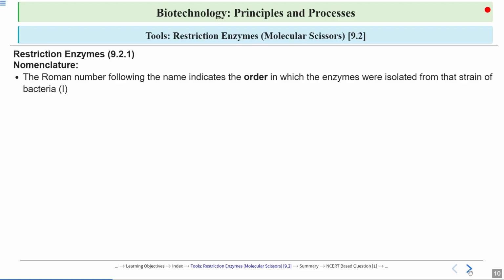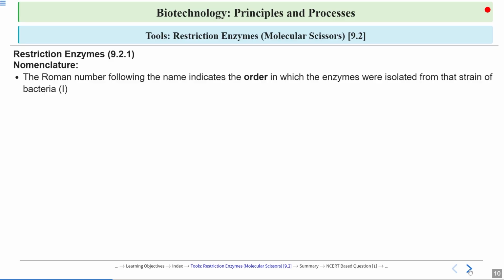Take the example of E. coli only, and the first restriction enzyme which they have taken out from this is the E. coli restriction enzyme, that's why it is called EcoR1.